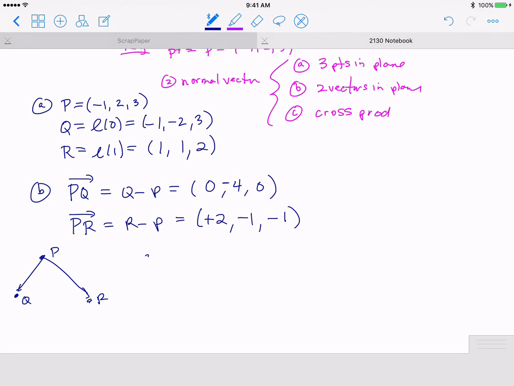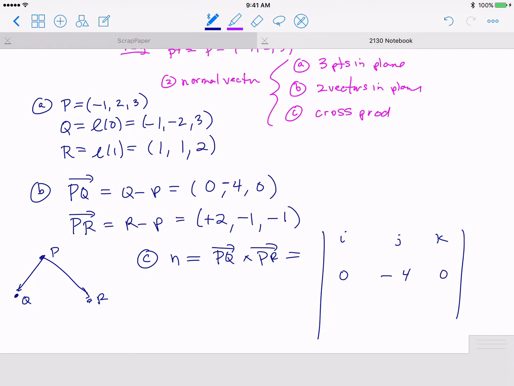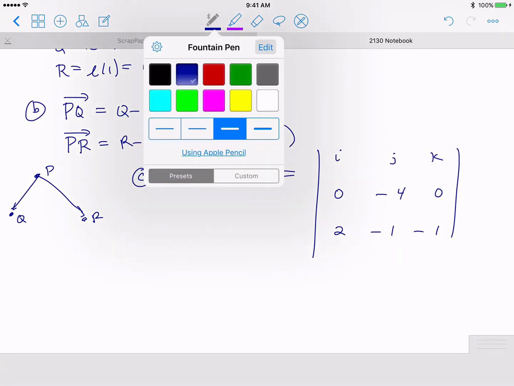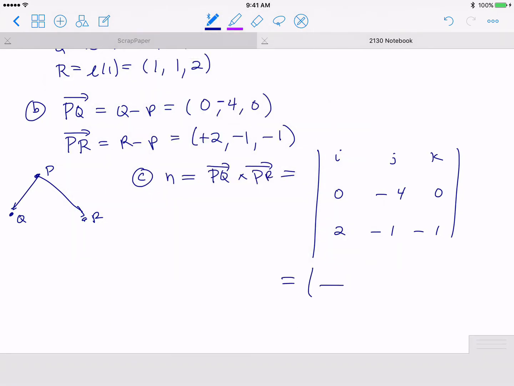Okay. Part C would be to construct the normal vector as the cross product of those 2 vectors. That would give i, j, and k; (0, -4, 0), and (2, -1, -1). Constructing the cross product there, the answer comes out to be a vector.